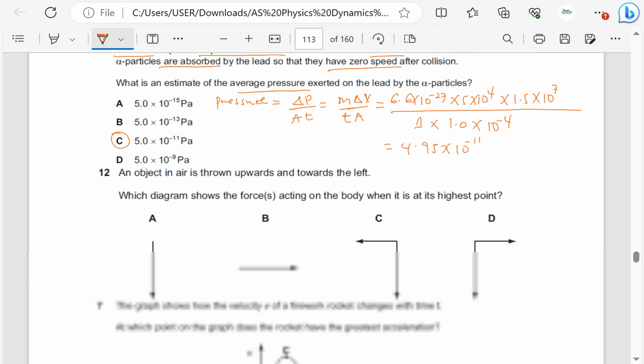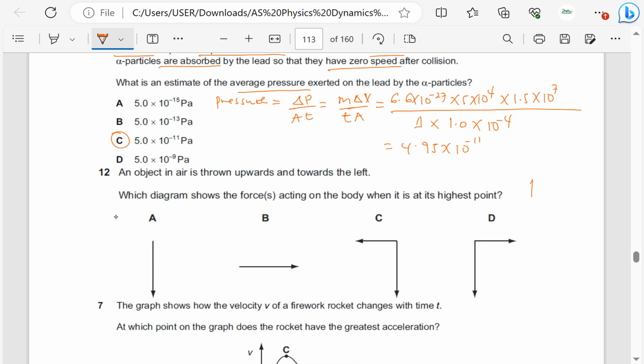An object in air is thrown upwards and towards the left. Which diagram shows the forces acting on the body when it is at its highest point?